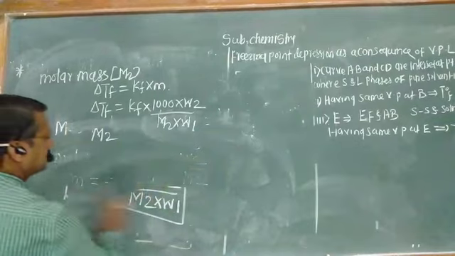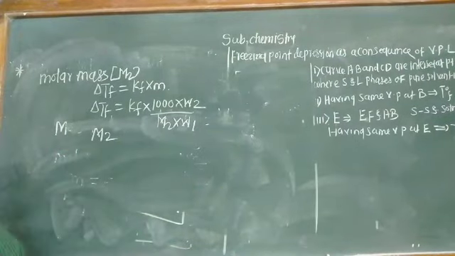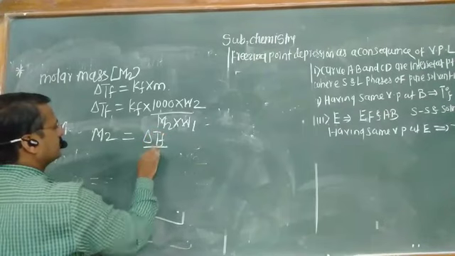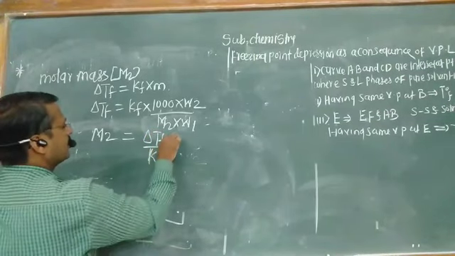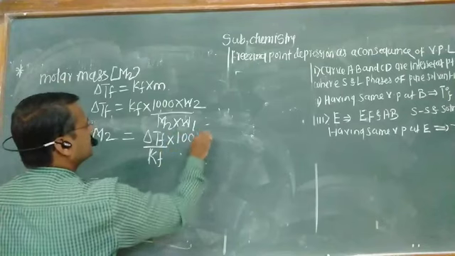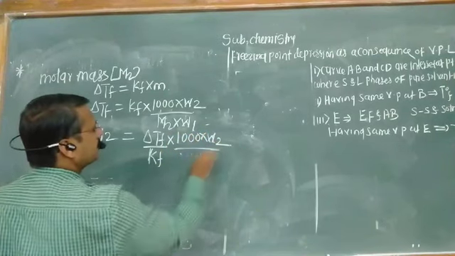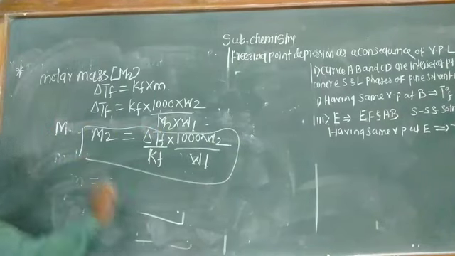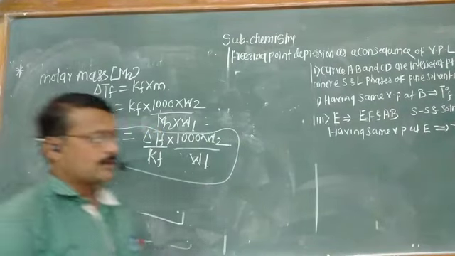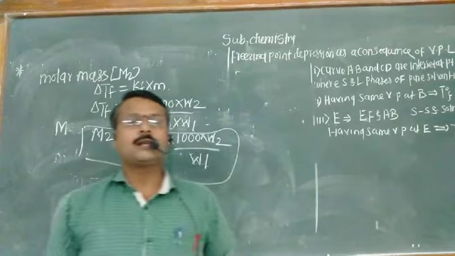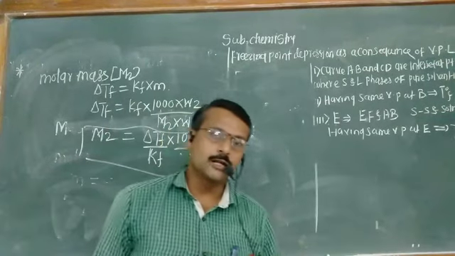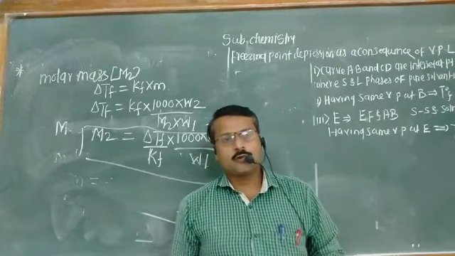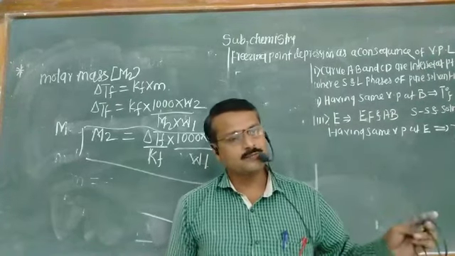M2 is equal to Kf into 1000 into W2 divided by delta TF into W1. This is the molar mass of the solute. In this way, in today's lecture, we have discussed the two colligative properties. One is called elevation in boiling point, and the second is called depression in freezing point. Okay, thank you.